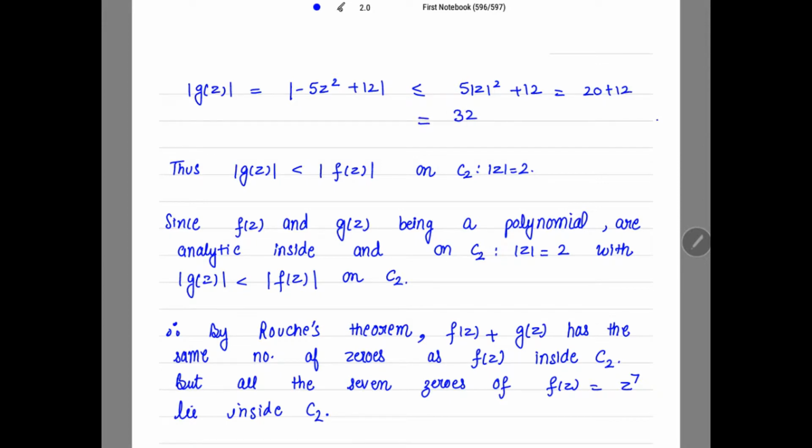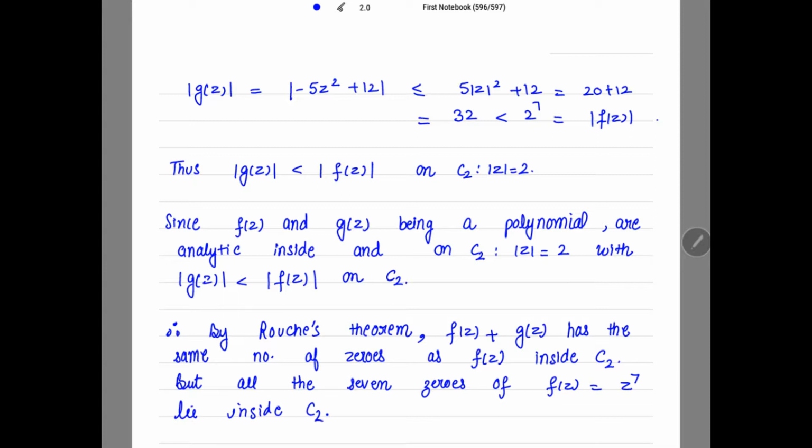Now this number should be less than mod of f(z). What is your f(z)? z to the power 7. And what is your z here? z is 2. So 2 to the power 7. It should be less than 2 to the power 7. Is it? Yes. 32 is strictly less than 2 to the power 7, which is your mod f(z).